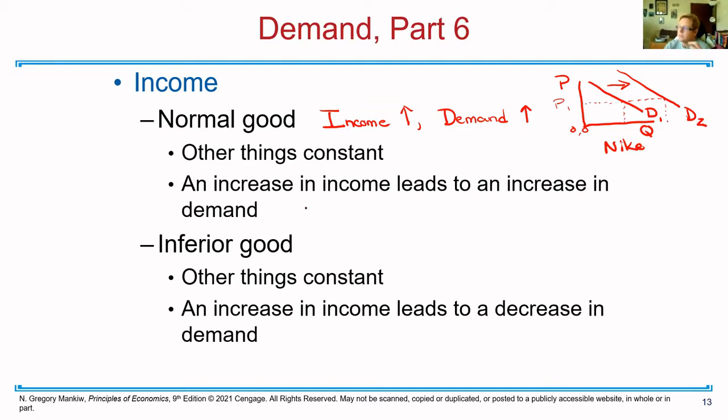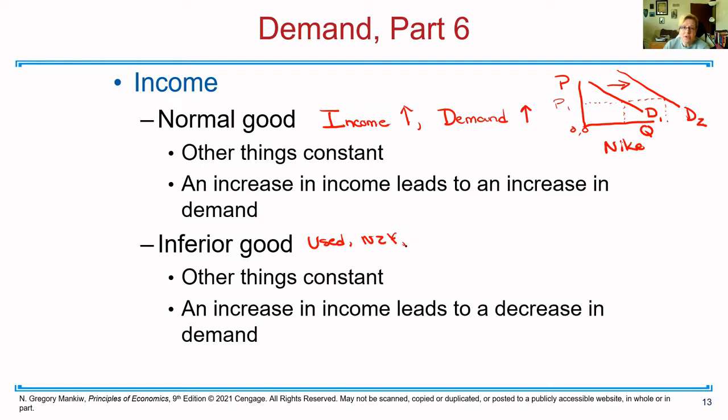All right. Let's talk about the second type that we can have, and that's an inferior good. Inferior goods are things like used goods, new to you, okay? All of these things are inferior. I watched a commercial the other day where they're selling imperfect fruit. Poorly cut salmon or something like that.